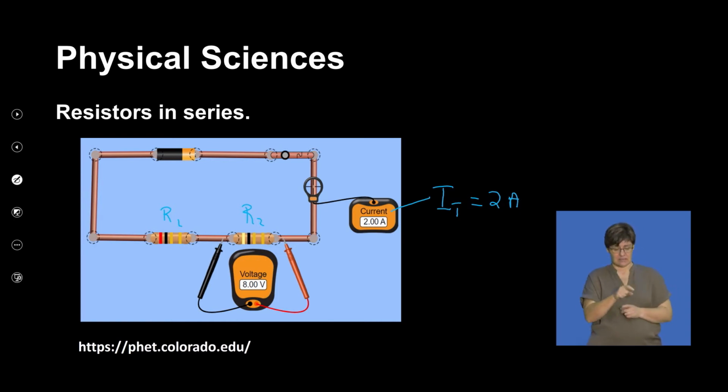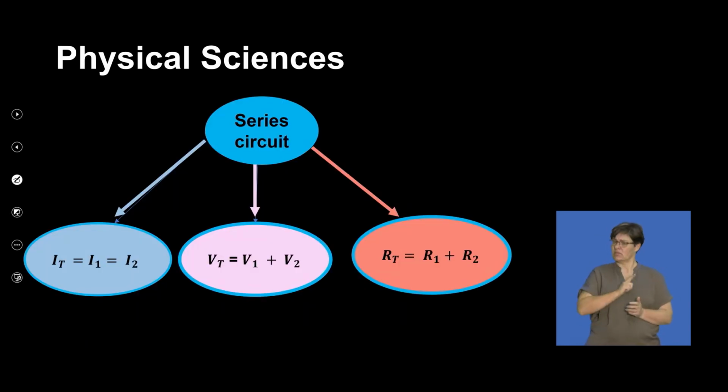Why is it so? Because all the current passes through every point, because we've got only one path for current to flow, right? So this says to us that in a series circuit, current actually remains constant. So the total current is equal to the current that passes through R1, which we can call I1, which is also equal to the current that passes through resistor 2, which we can describe in terms of notation as I2.